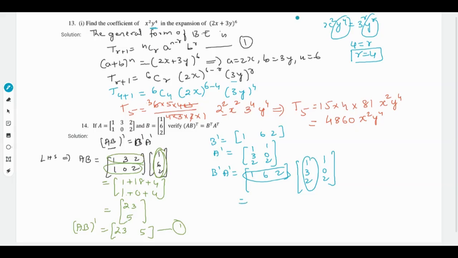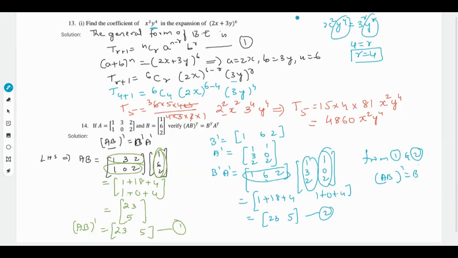So it will be 1 1s are 1 plus 6 3s are 18 plus 2 2s are 4. Then first row, second column. 1 1s are 1 plus 0 plus 4. So yeah, if you simplify, you get 23 and 5. That is your second side. From 1 and 2, we can prove that (AB) transpose equals B transpose A transpose.